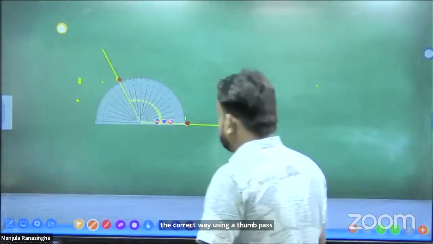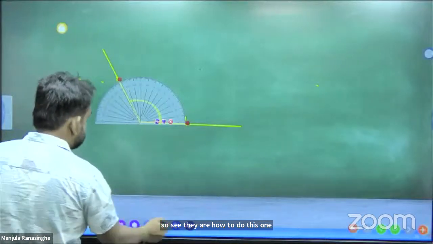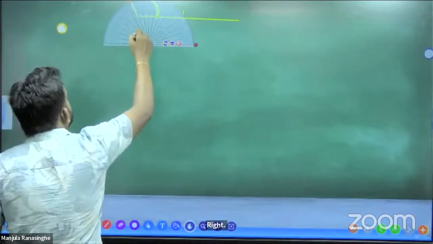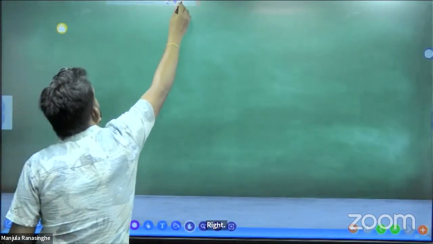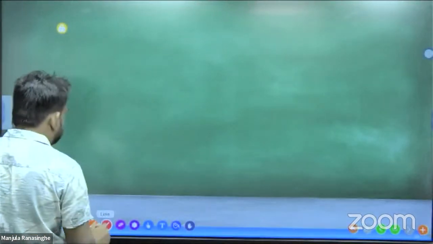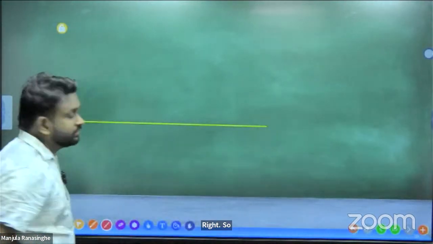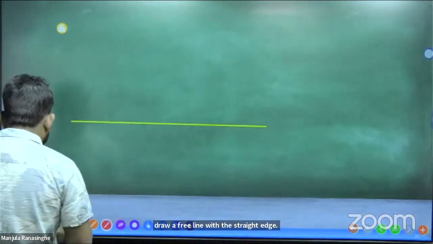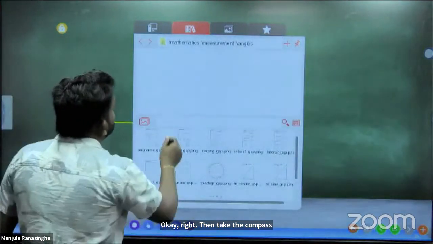First draw a free line with a straight edge.